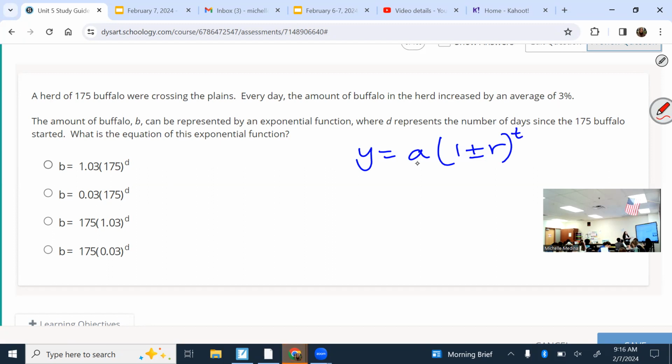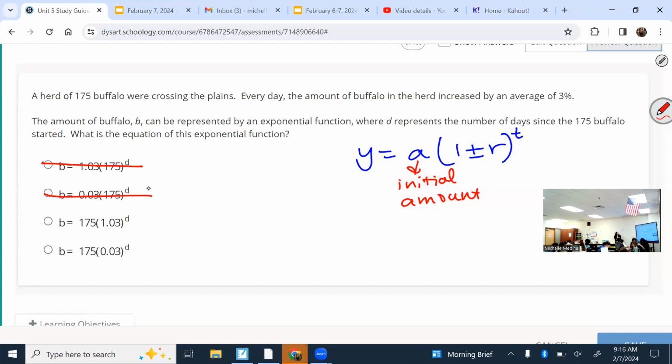Remember, A stands for initial amount. What is our initial amount in this situation? 175. So really, I'm down to two options just based on that alone, and I could switch the order. The A has to be the number that's not attached to the exponent. That's why it can't be these, because it has it attached to the exponent.